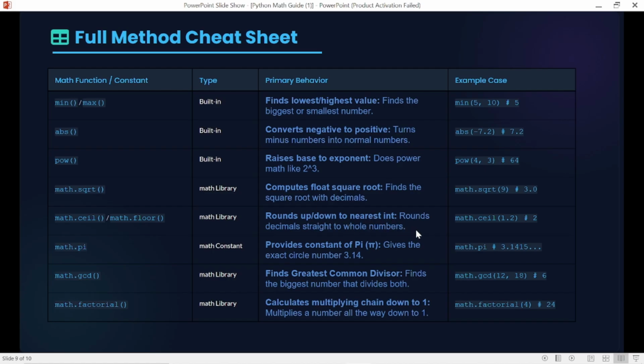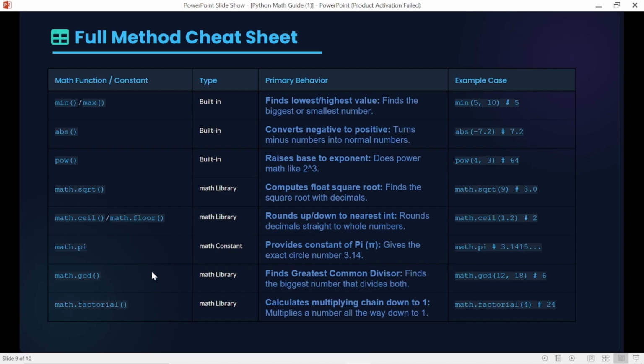In simple words, it rounds decimals straight to whole numbers. Now here, math.pi, a math constant that provides the constant of pi. The pi value gives the exact circle number, 3.14. This is the example of it.